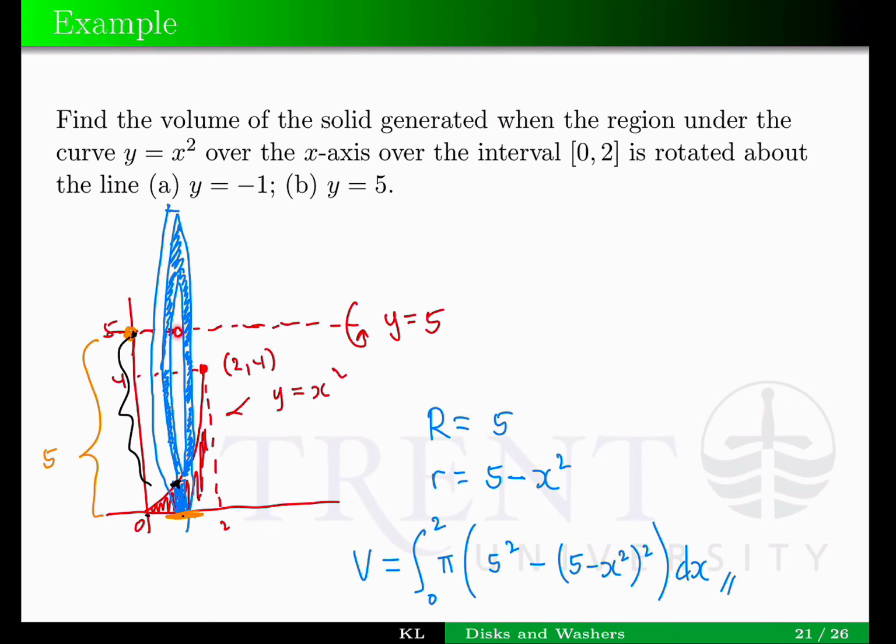It doesn't look like the center, it is not the center. The hole here, as you can see, is not at the center. You have to know the axis of revolution is always the center.